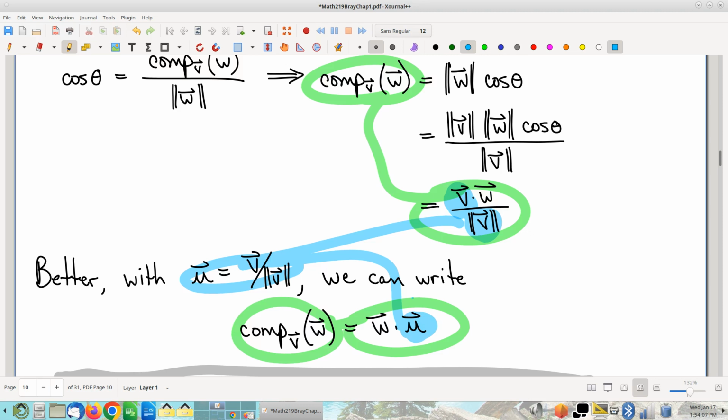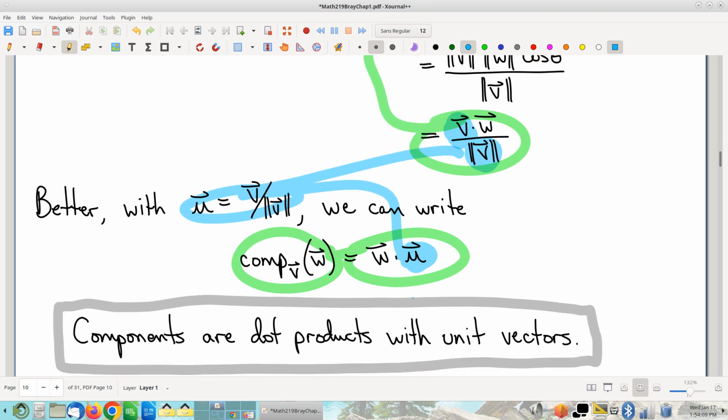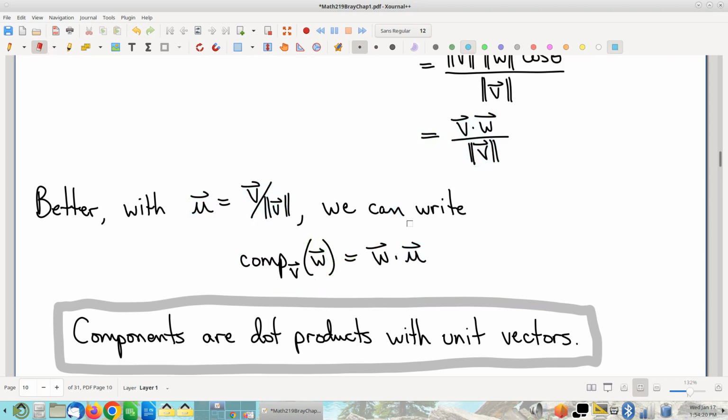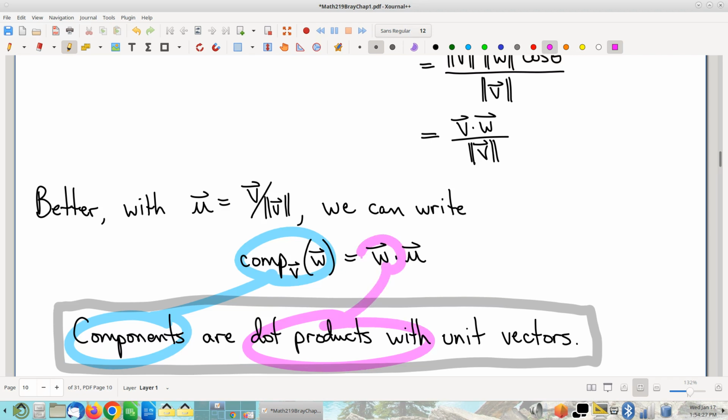Right, and this leads to what I think is a really nice little bit of intuition for how to think about components, arguably a nice intuition for how to think about dot products, right here, just encoded in this formula, and that is that components are dot products with unit vectors. It's tempting, an overstatement, to think, oh, dot products are components.